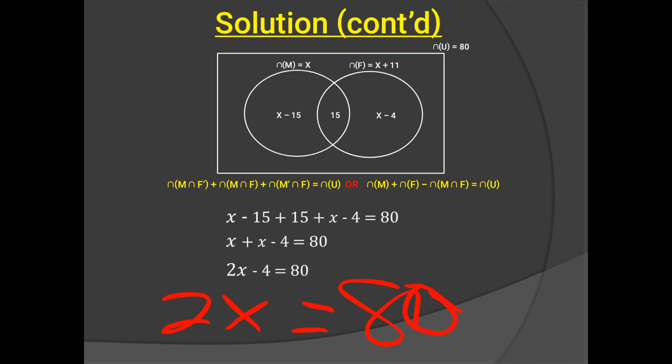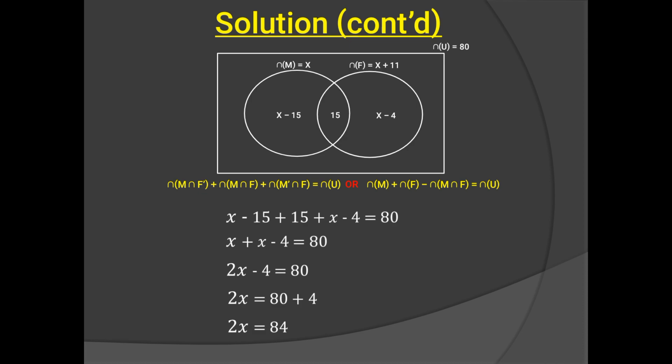When it crosses the border, the equal sign, it becomes +4. So 2x is equal to 80 plus 4. Now 80 plus 4 will be 84. Great. So now we have 2x is equal to 84.